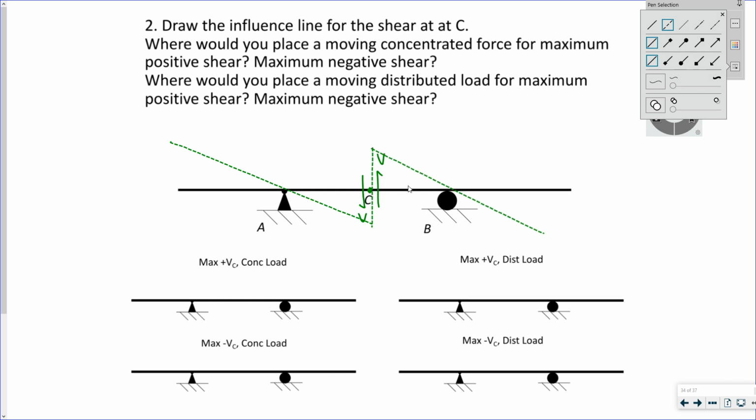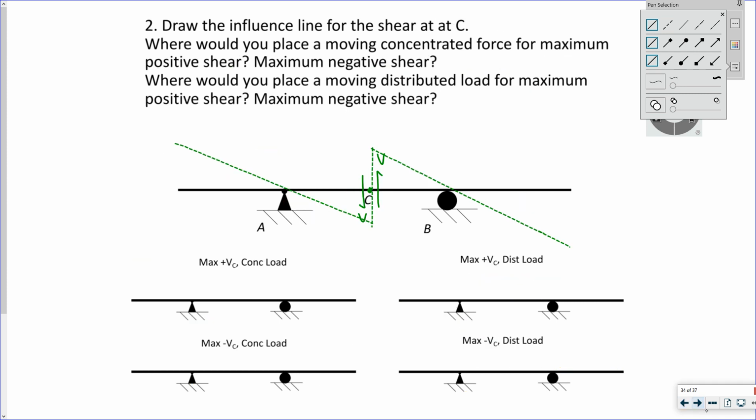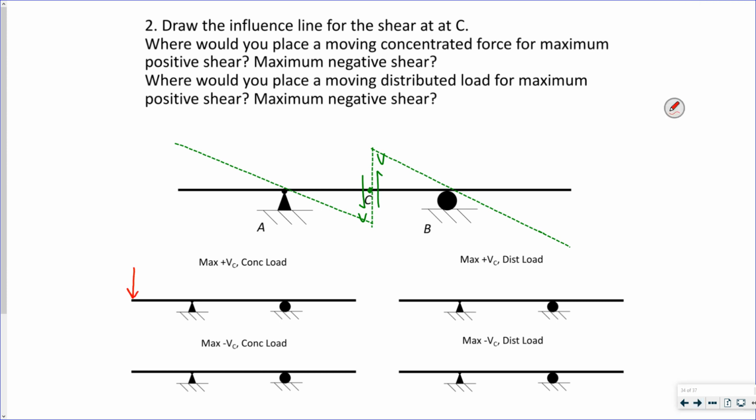So that's my influence line, right? Oh, didn't go far enough. Okay, let's see. Right. So where would I put a moving concentrated force for my maximum positive shear? I either put it right here, right, because that's my maximum positive, or right here at C, right?